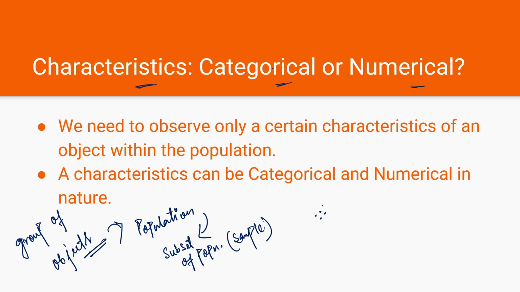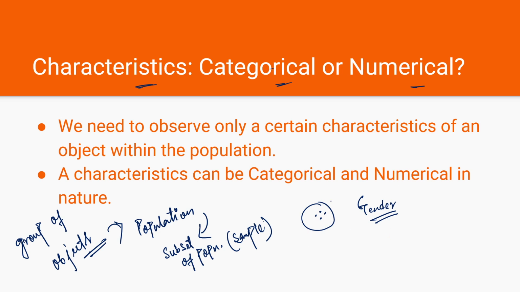For example, let's say we are collecting the information of the students, those who are studying bioinformatics in a university. So in that case, if you are interested to collect the information of the gender of those students, gender in this case should be one character.